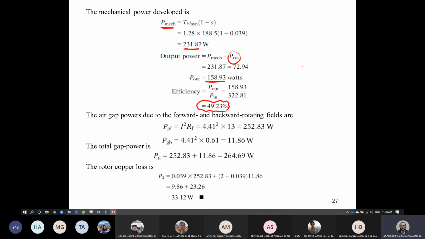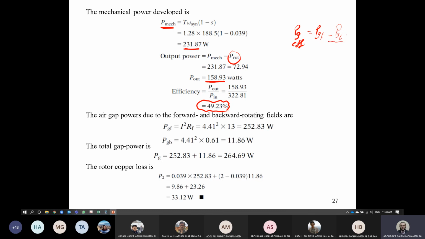This is one reason. Also, due to the operation of the single-phase induction motor, we said we have forward and backward power. The effective P gap, which will be converted to mechanical, equals P gap forward minus P gap backward. In three-phase, we don't have a backward component to reduce the amount of gained power.